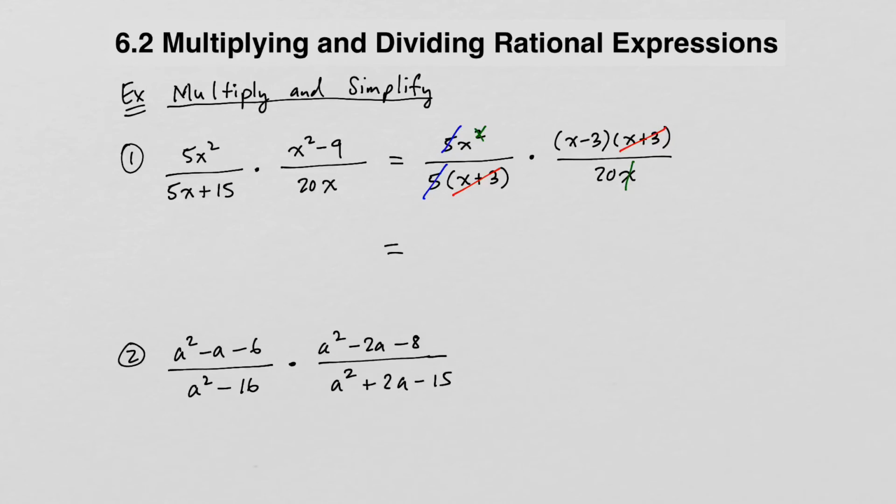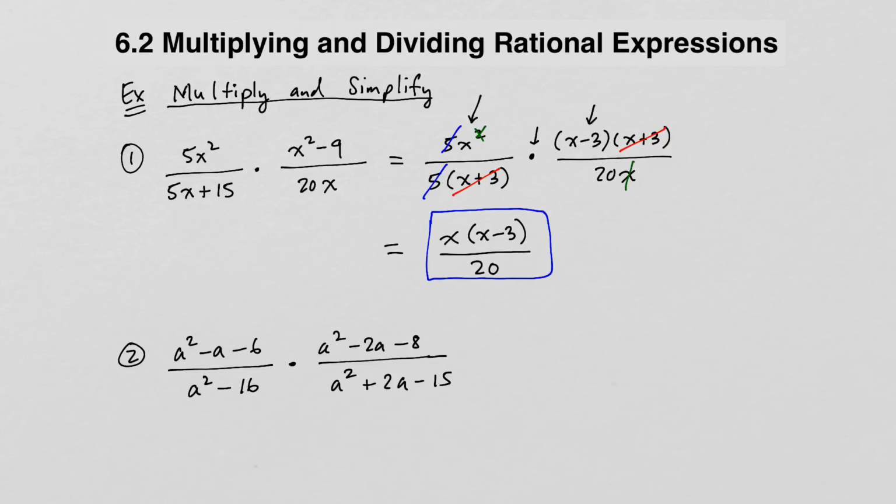And so what we have left over, in the numerator here we have an x, and that's going to be multiplied by x minus 3. And then in the denominator, everything is canceled out here, and all we have left over here is this 20. And so the simplified version of this answer is x times x minus 3 over 20.